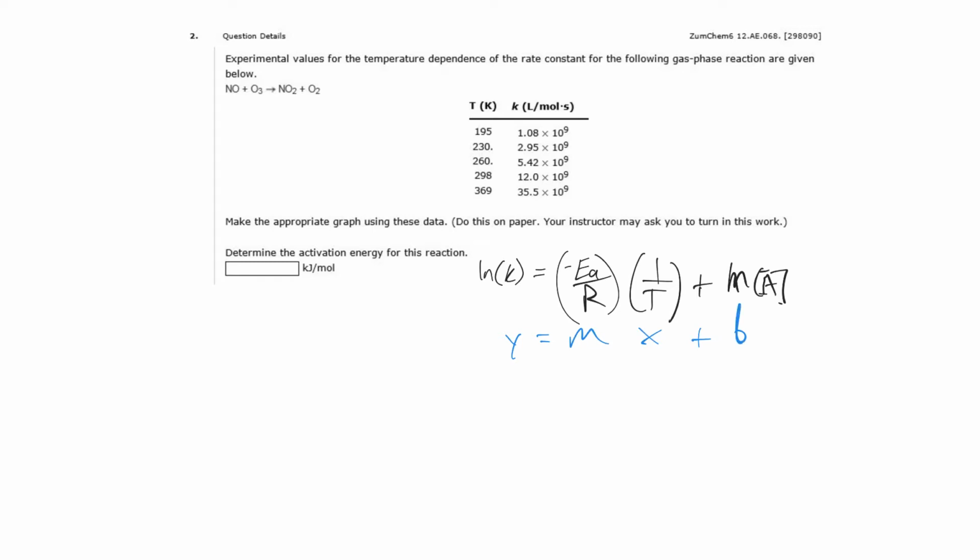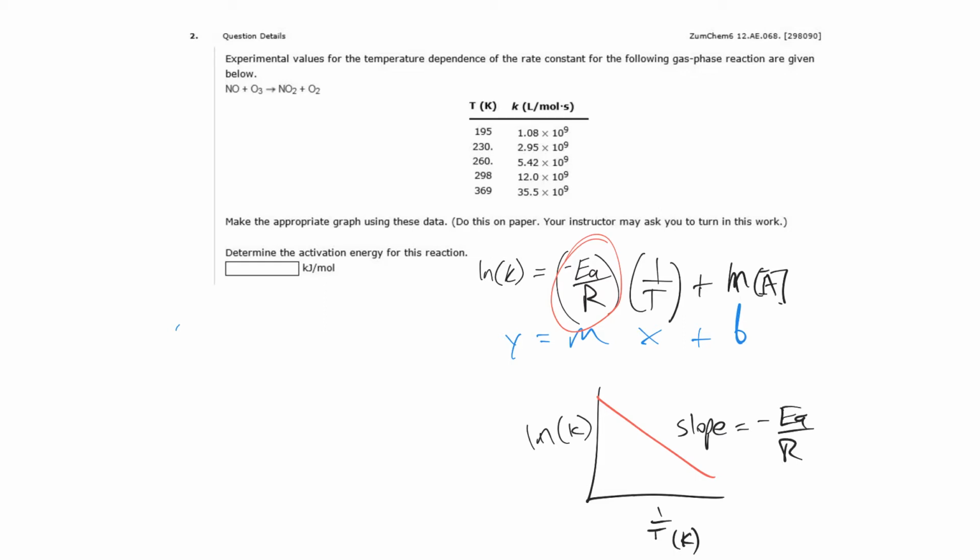Notice that the slope of this straight line is negative activation energy over the gas law constant R. So as long as you're producing a graph where the y-axis variable is the natural log of the rate constant K, and the x-axis variable is 1 over temperature, as stated in degrees Kelvin, then you'll get a straight line whose slope is negative activation energy over the gas constant R, which is 8.3145 joules per mole times degrees Kelvin.